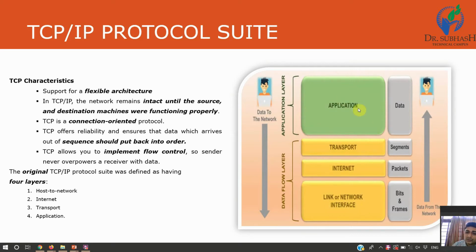We have 4 different layers in the TCP/IP protocol suite. First, the topmost layer, that is application layer, then transport layer, internet layer, and the last one, link or network interface. As we discussed, the OSI reference model has 7 layers, and in this TCP/IP protocol suite we have only 4 layers.